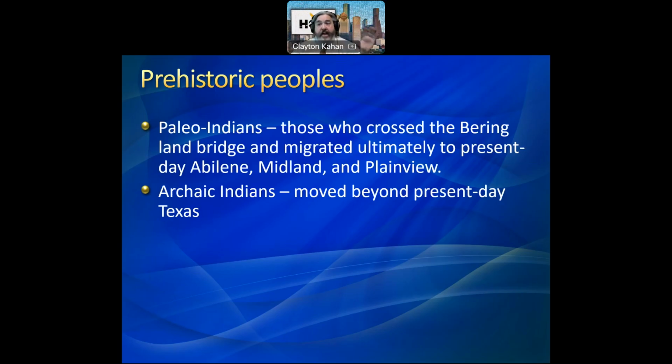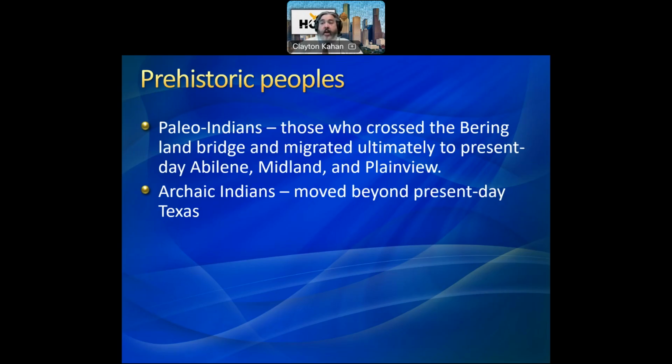Okay. These Archaic Indians, the difference between Archaic and Paleo Indians, the big difference is that the Archaic Indians laid roots. They laid down roots in places like Texas, unlike the Paleo Indians, who were, for the most part, nomadic peoples. The Archaic Indians are the people who are considered the direct ancestors to indigenous peoples, or the people that we call indigenous peoples.